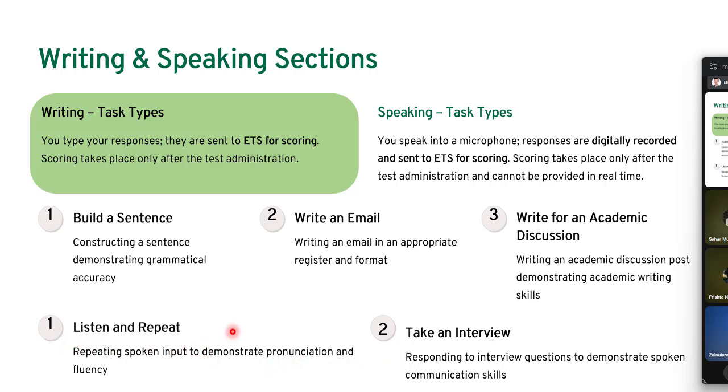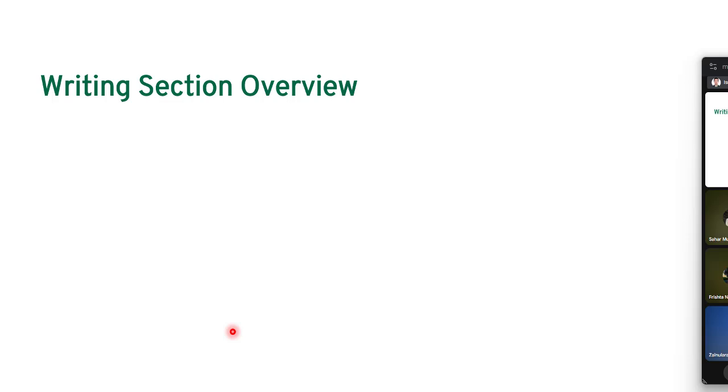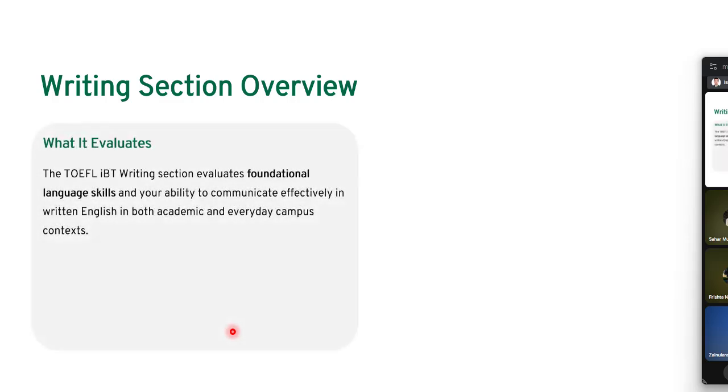So let's go into a bit of detail about each one. The writing section targets our ability to understand foundational language skills, whether we are able to communicate effectively in written form or not.